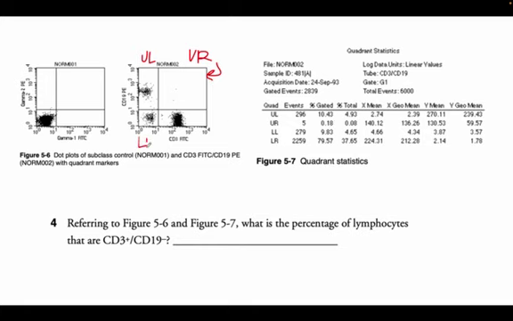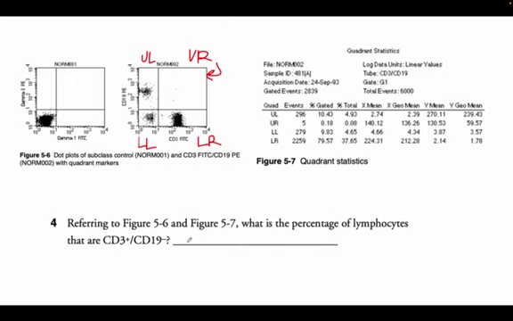This is lower left, which is the double negative quadrant, and this is the lower right, which is the CD3 positive quadrant. You can see most of the cells are present in the CD3 positive. They only have CD3, they don't have CD19. So here they're asking what percentage of lymphocytes are CD3 plus, CD19 minus.